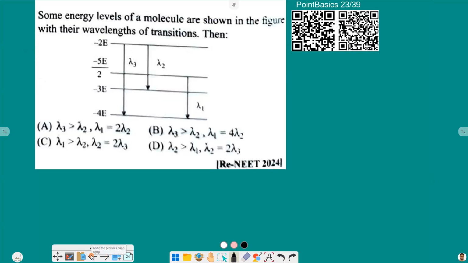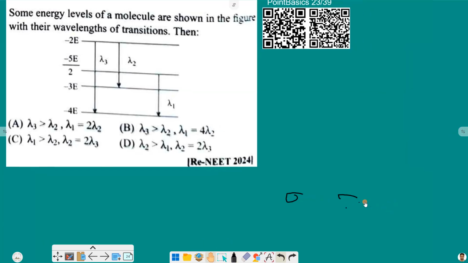Some energy levels of molecules are shown in the figure with their wavelength of transition. Then we have to find out the relation between the wavelengths, that is, which wavelength will be higher or which will be the lower. So let me write. Yeah, it's working now.